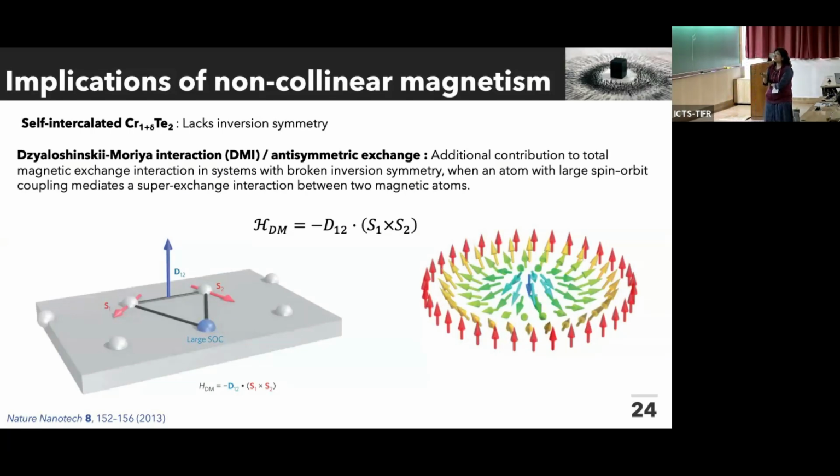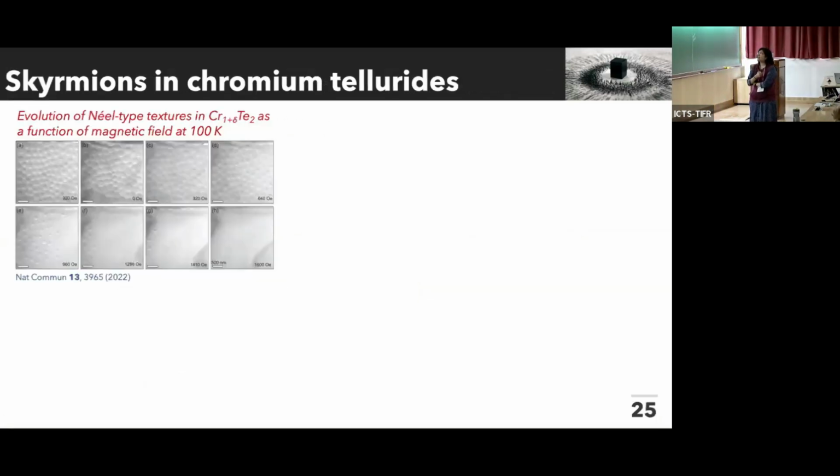Especially when the exchange interaction is mediated by a material or atom which has very large spin-orbit coupling, you tend to see this DMI interaction. This can give rise to skyrmions, and these skyrmions have been observed in thin cross sections of chromium telluride.